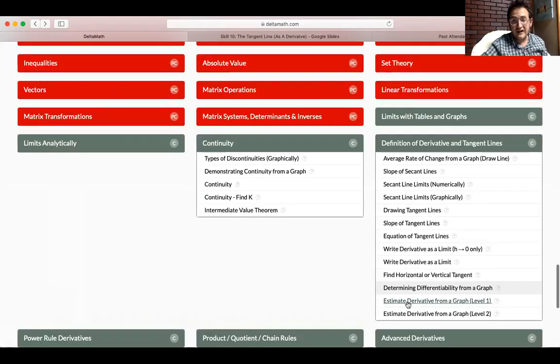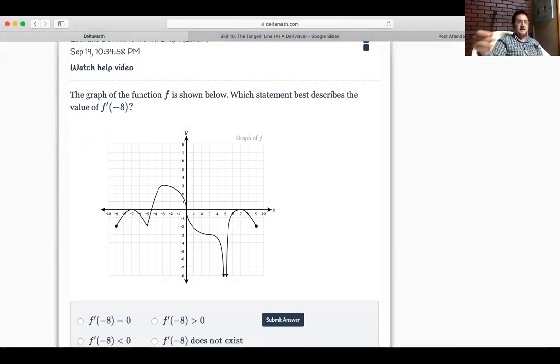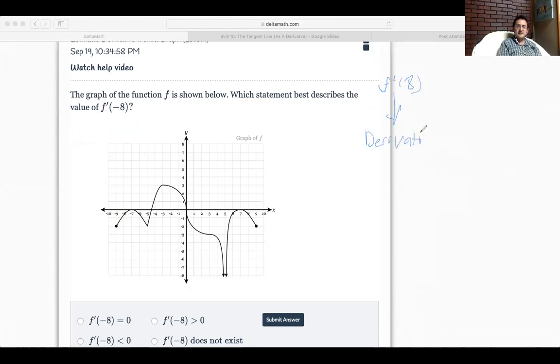And then the last exercises will be estimating the derivative from a graph. Now note that this symbol means f prime of 8. This means derivative at x equals 8, aka, what is the slope at x equals 8?